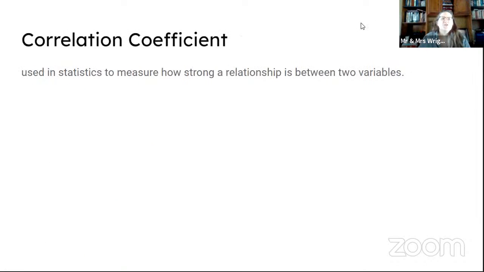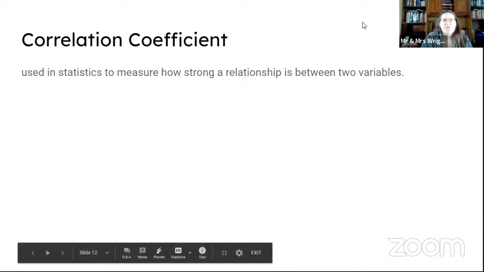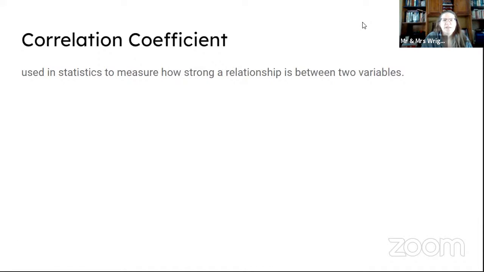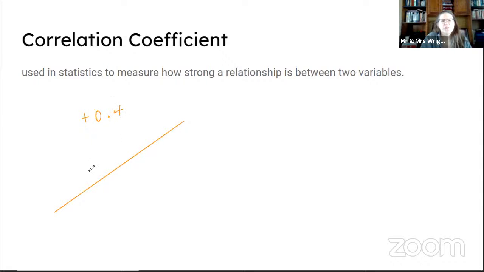Correlation coefficient. The correlation coefficient just means how strong the relationship is between certain variables. If we think back to that scatter plot that we had, the correlation coefficients usually are between -1 and 1. If it's going in this direction, it's going to be a positive value, like 0.4, and you're going to have the scatter plots.